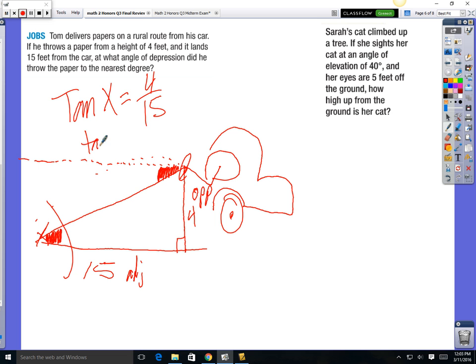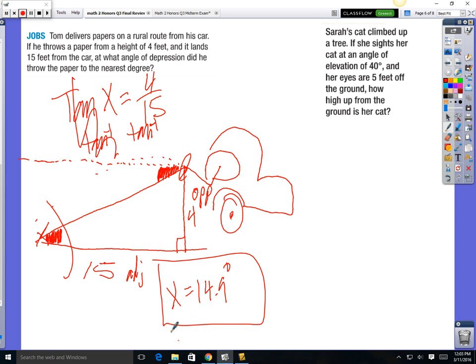So you do the inverse, and that undoes it, and do the inverse on this side. So the inverse tangent of 4 over 15, and the angle is 14.9 degrees. So that is your angle of depression.